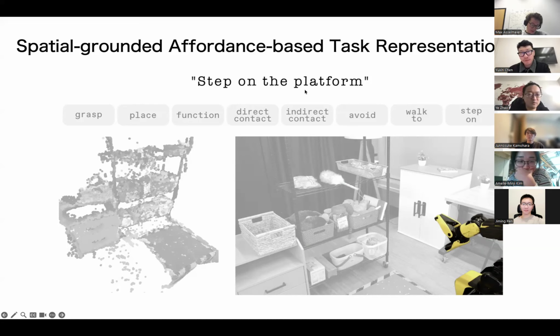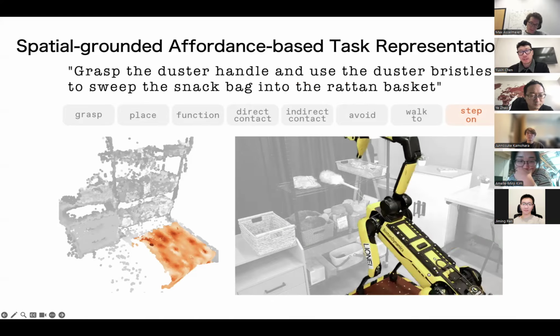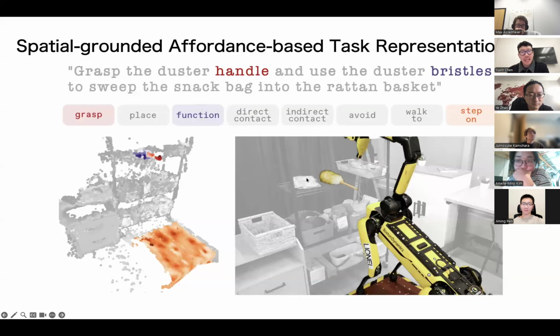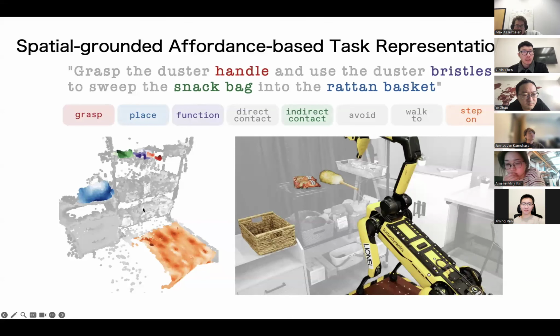Say step on the platform: we see the platform is highlighted, and then the robot can actually step on the platform. After it steps on the platform, we try to grasp the duster and use the duster to sweep this snack bag into this box. So it grasps the brush, and then uses the bristles to sweep the snack bag into the box.